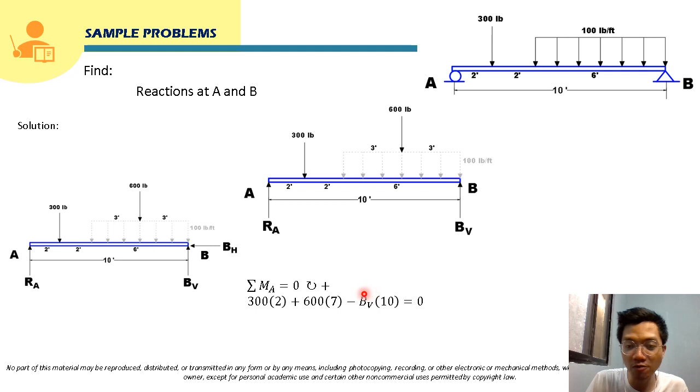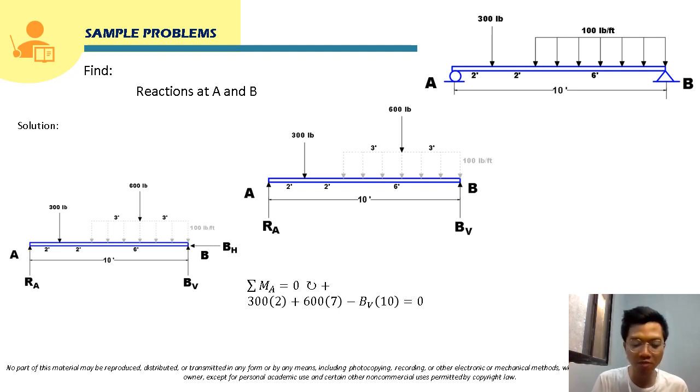Solving for BV, only BV is unknown here. So we will input this in our calculator. This will just be 300 times 2 plus 600 times 7. We will transpose negative BV times 10 to the other side, so it will be positive BV times 10.